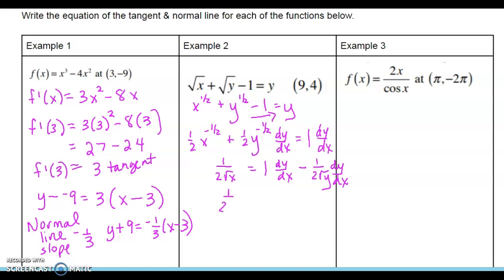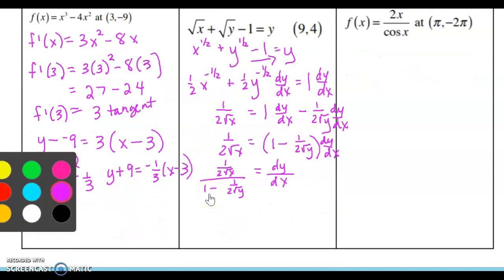We can factor out a dy dx, and then divide. And I don't worry about rationalizing anything because remember we are going to plug in the point value. So I just leave that alone.